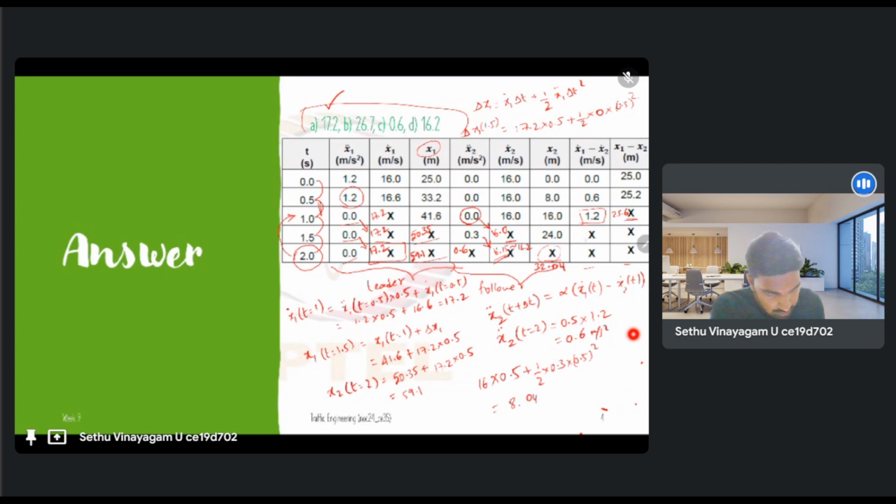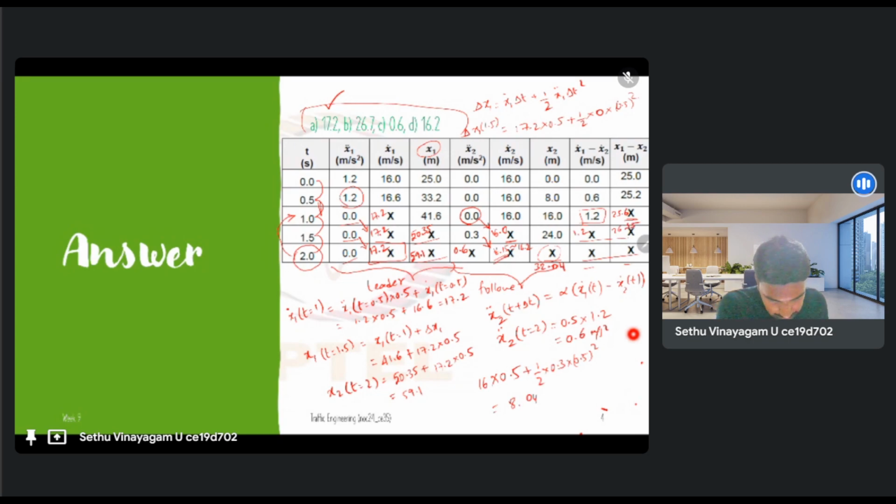Then you can get the relative speeds and the spacings. The relative speed will be 16 and 17.2, which means it is 1.2 again. The difference in the spacing will be 50.35 minus 24, that is 26.35.